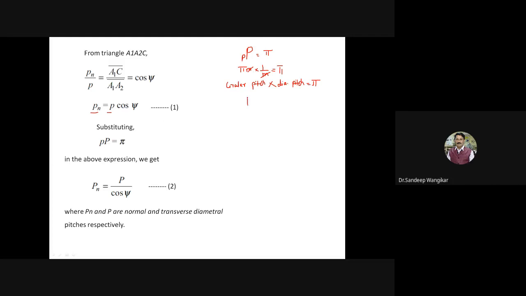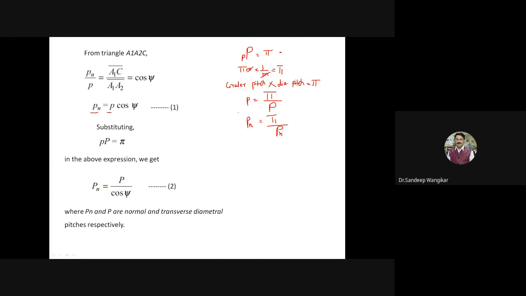Therefore, small p is equal to pi divided by capital P. And again Pn is equal to pi divided by capital Pn. This is the expression I am taking from this basic relation. The direct answer is written here; I want to show you how it is coming.